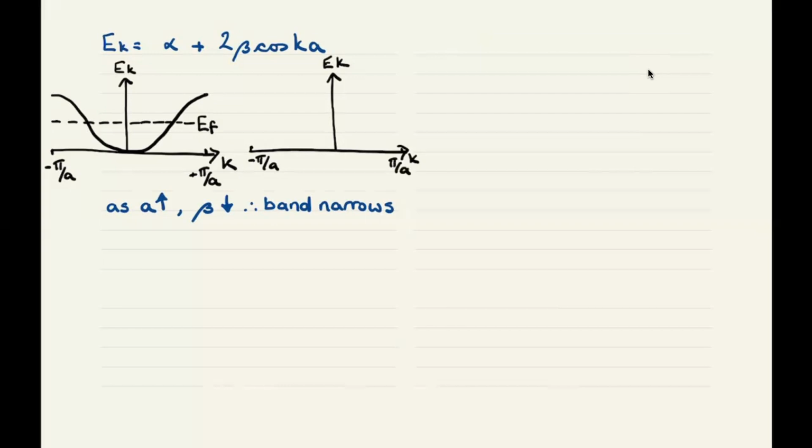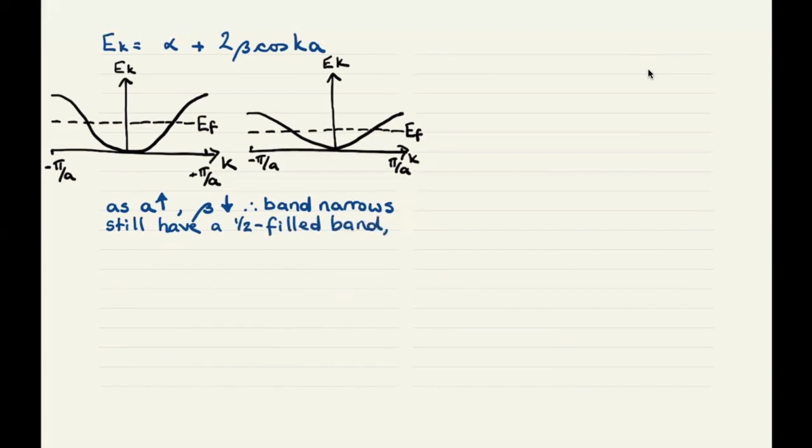But this time, the band is narrower, and our Fermi energy is now here, but it's still in the middle of the band, and it's still metallic. So we still have a half-filled band, which is metallic.